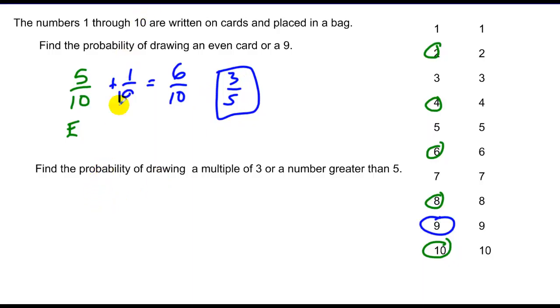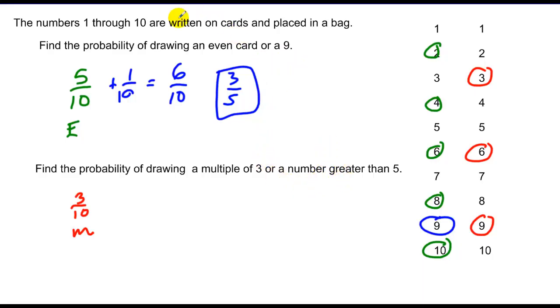Next one, I want the probability of a multiple of 3 or a number greater than 5. Well, multiples of 3 are 3, 6, and 9. So the multiples of 3, I've got 3/10. Then I want a number greater than 5.